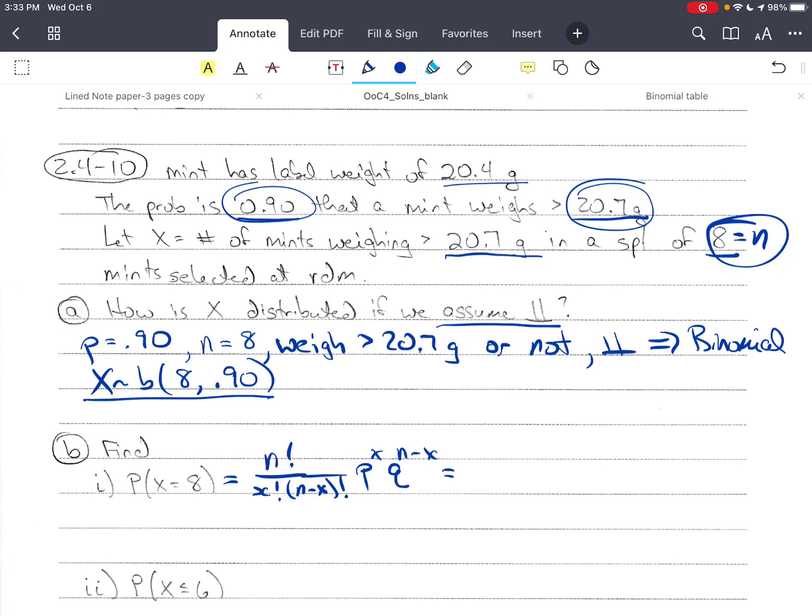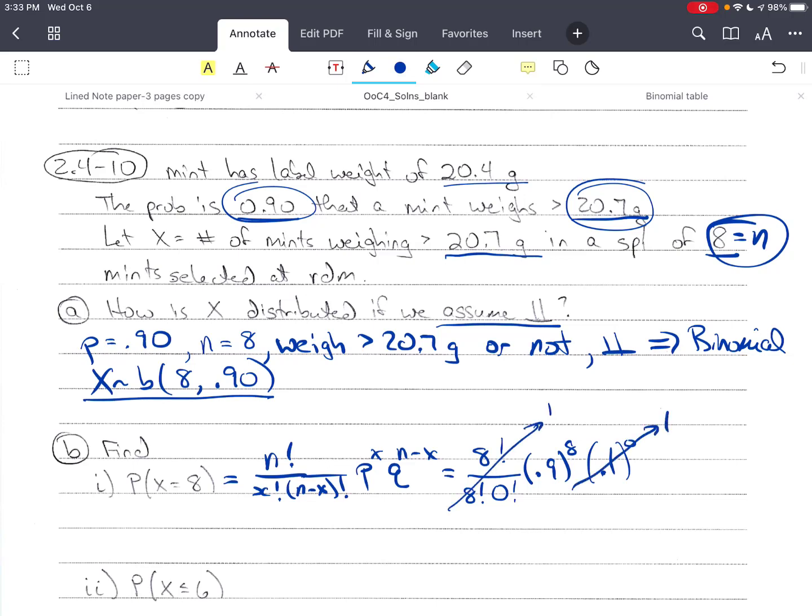This is going to be 8 factorial over 8 factorial, 0 factorial, because 8 minus 8 is 0, and then p is 0.9 to the 8th, and then we have 0.1 to the 8 minus 8, which is 0, and that's going to be a 1.